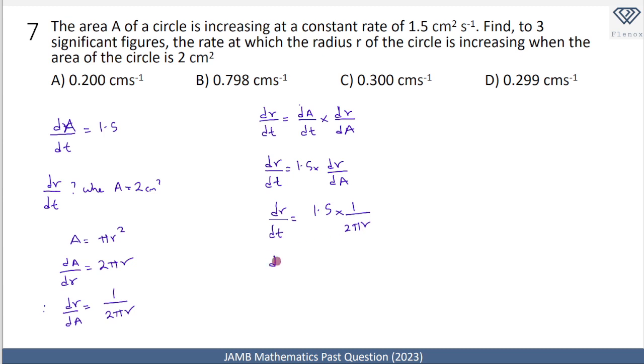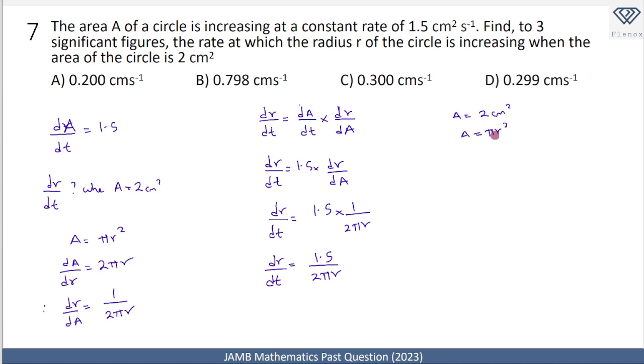So dr over dt will be equal to 1.5 over 2 pi r. But now we've been told to find dr over dt when the area is 2 centimeters squared. Now we've only been given the area, but we know that the area of a circle is pi r squared.